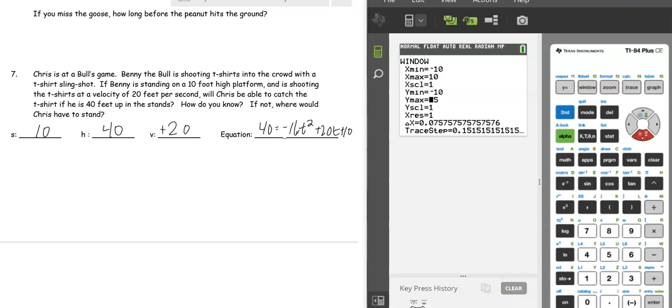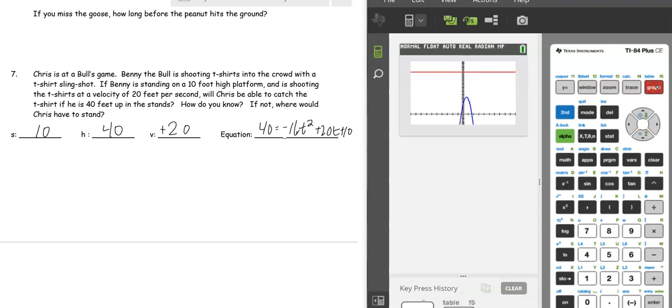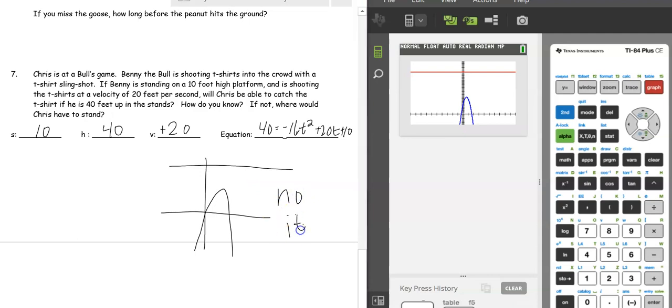Let's change our Y max to 50 because we need to see higher, and hit graph. Whoa! He's not even going to get close, right? Our graph looks like this and Chris is way up here, so no, it will not reach him, because the t-shirt cannon does not have enough velocity.